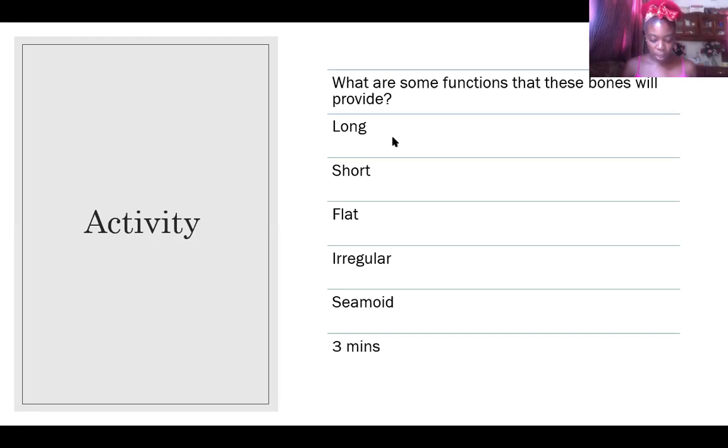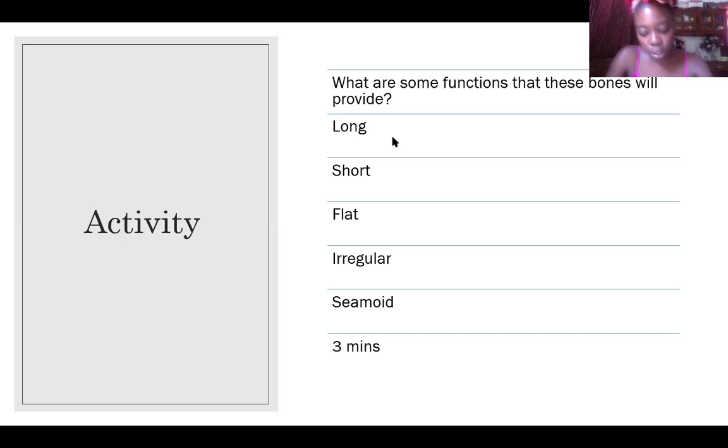Okay. So long bones, they serve as levers to produce movement, and that's really the purpose of long bones. Short bones, they provide stability and support.